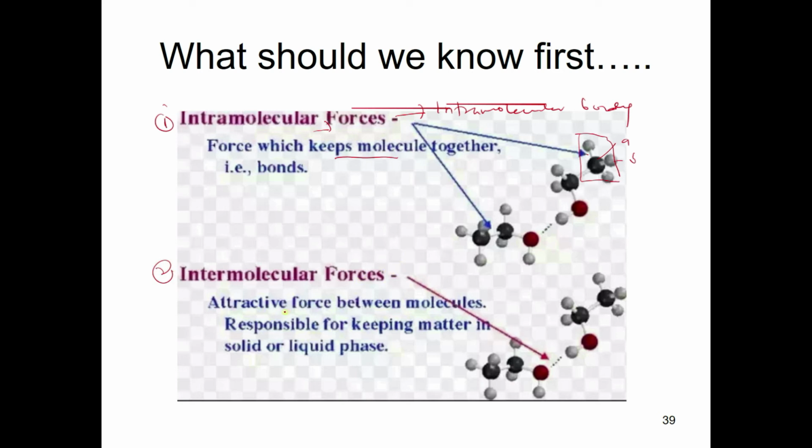These are the attractive forces between molecules which are responsible for keeping them in their form, whether solid or liquid phases. So you have a molecule, and it forms a larger molecule here, and a similar larger molecule. Between these molecules there are secondary forces, which we call intermolecular forces, that form the intermolecular bonding between the molecules.